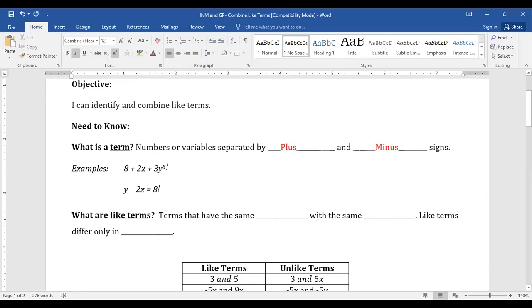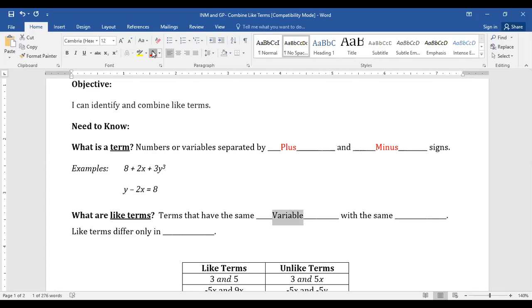There are 3 terms in the next equation also. Y is a term, negative 2x is a term, and 8 is a term. So like terms are ones that we can combine. They have the same variable and the same exponent level.